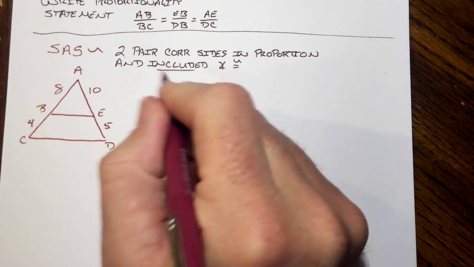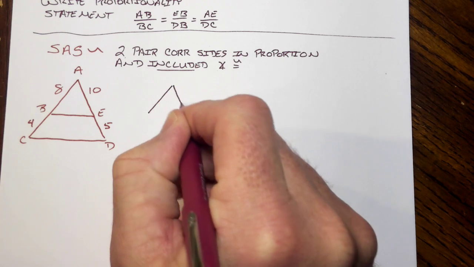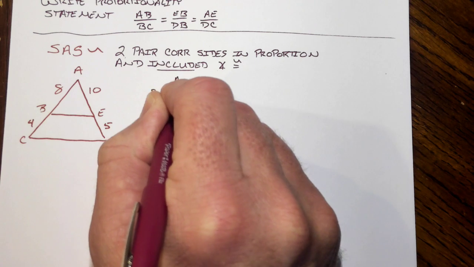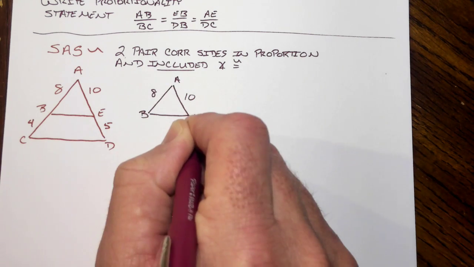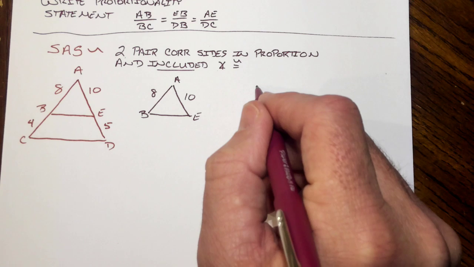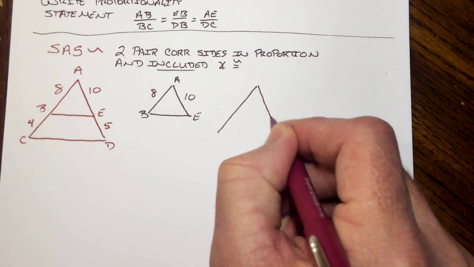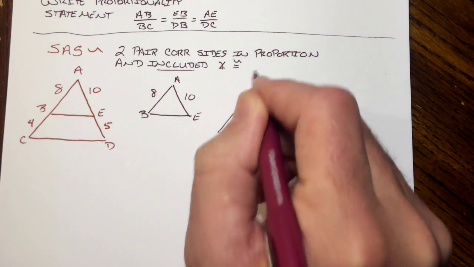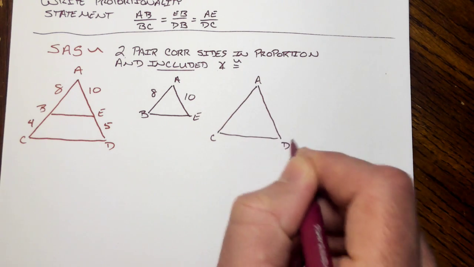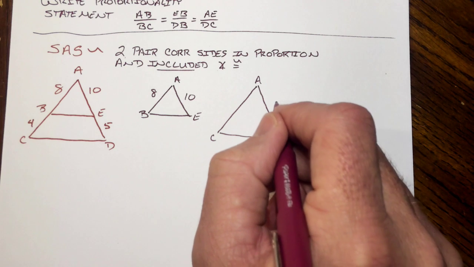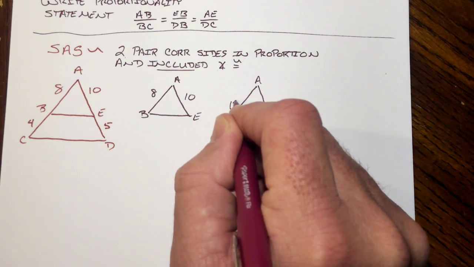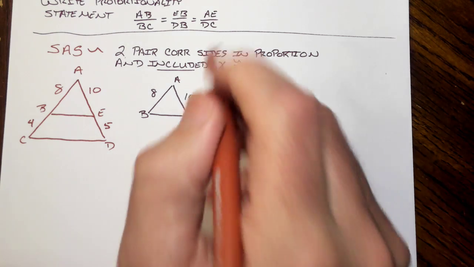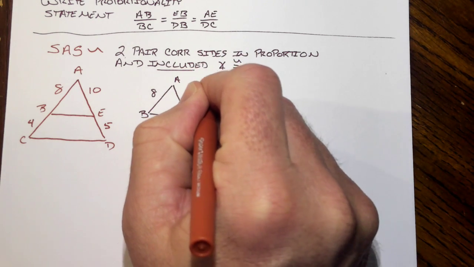You have the smaller one on top. And then we've got the larger one, which uses the small one. And we've got 15 and 12. You should notice, at least I hope you notice, that they're sharing angle A, so the reflexive property is being used.